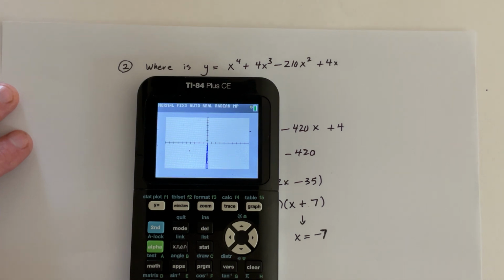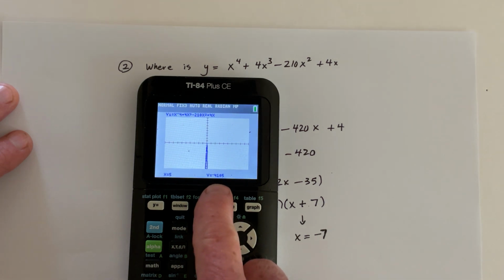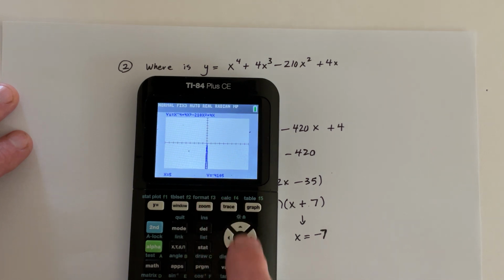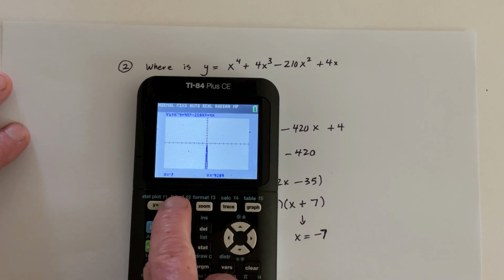And I cannot see much of it. So what I do is I say, okay, one important number I got was 5. So where's that? Oh, that's way down there at negative 4,000. Another important number was a negative 7. Where's that? Oh, way down there at almost negative, it's in the 9,000s.